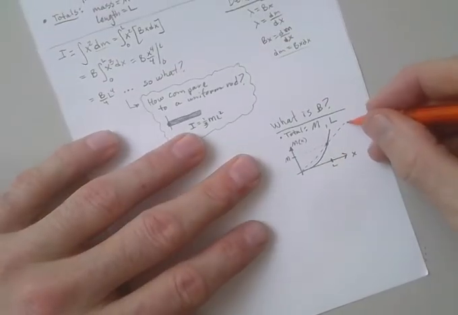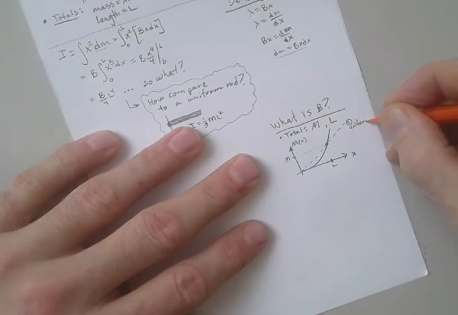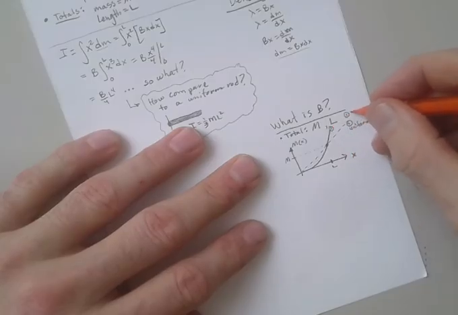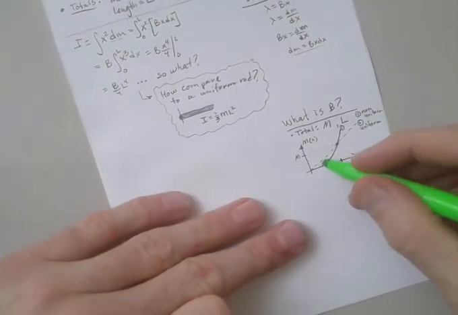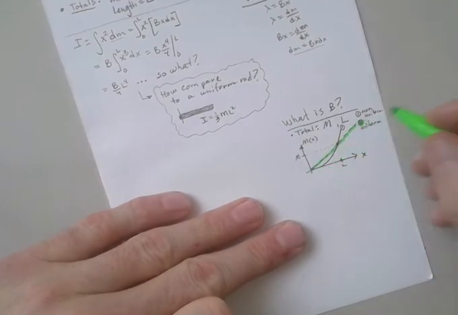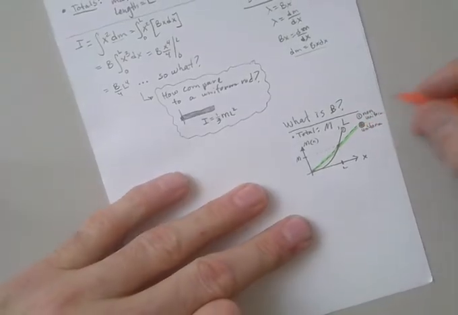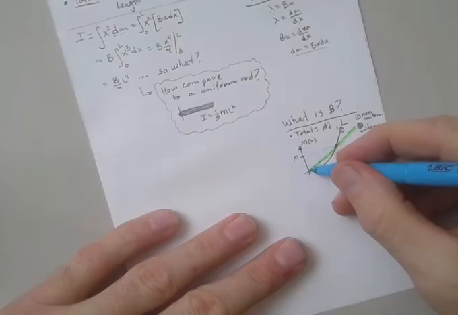So this is uniform, and this is non-uniform. I'll color code these maybe here.